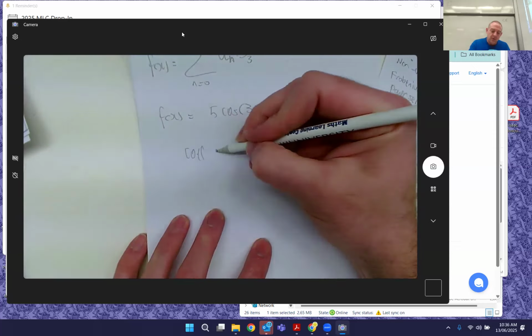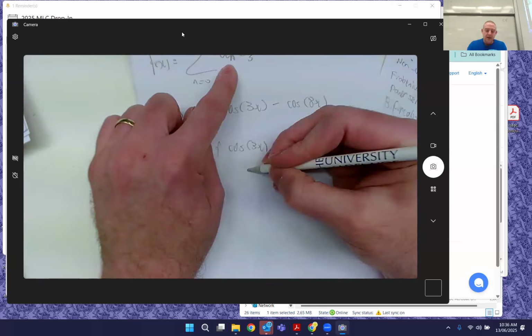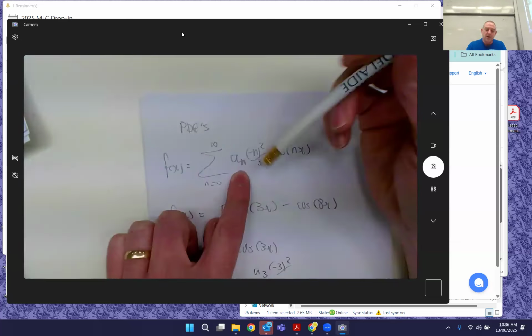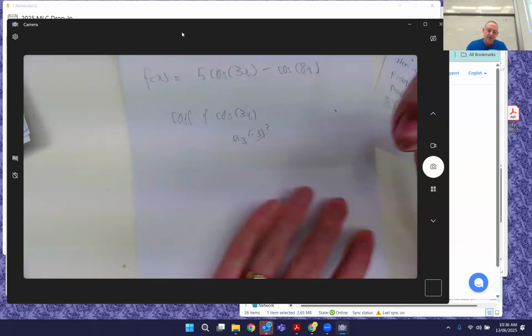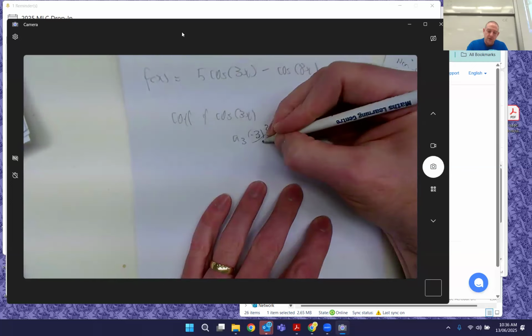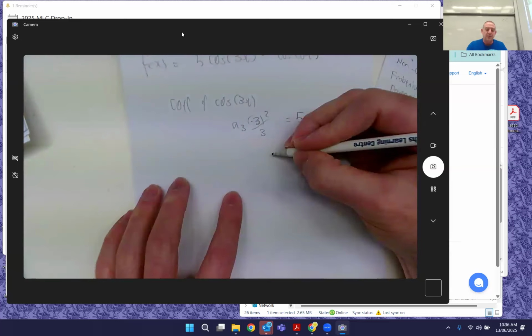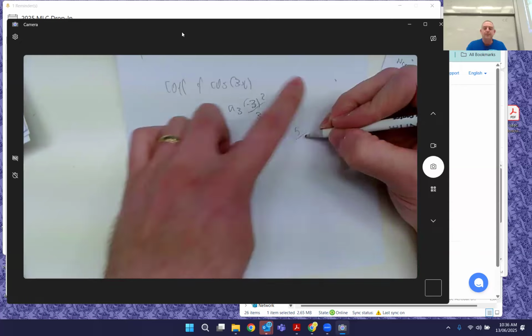The coefficient of cos of 3x on this side is A3 times 3 squared on 3, and on this side it's 5, and so therefore A3 is 5 on 3.